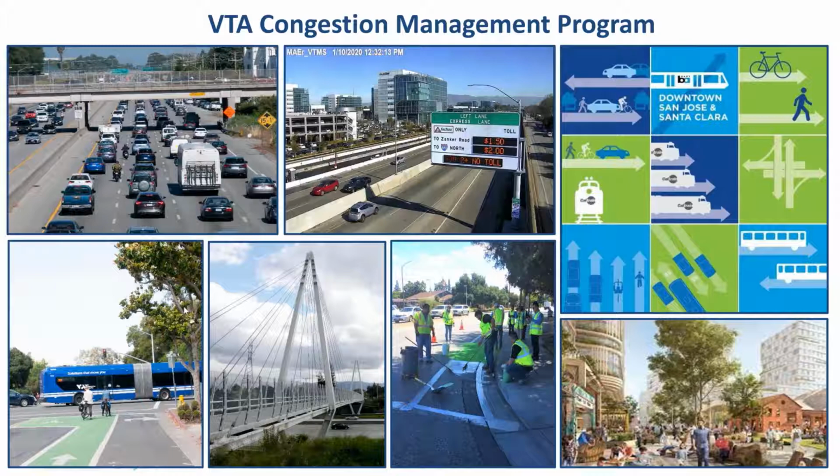Or if it's near one of what we call CMP intersections, which I'll explain later on in the presentation, they could help with retiming the signals and pay for that. And this is so that the applications, once again, of complete streets and trip reduction measures are consistent throughout the county.